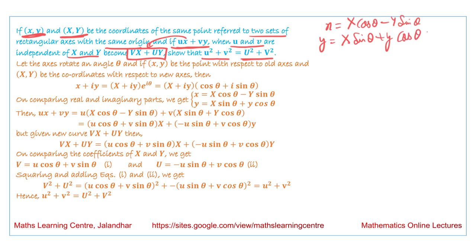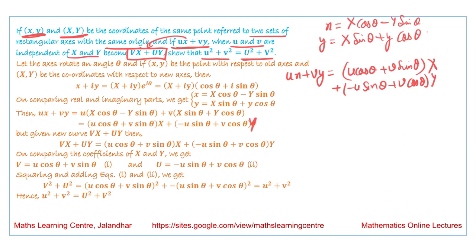If we use this transformation, we obtain ux plus vy, that is equal to (u cos theta plus v sin theta) into X, plus (minus u sin theta plus v cos theta) into Y, and it is given that this is of the form U Y plus V X. So, we write U Y plus V X equal to (u cos theta plus v sin theta) X plus this value.